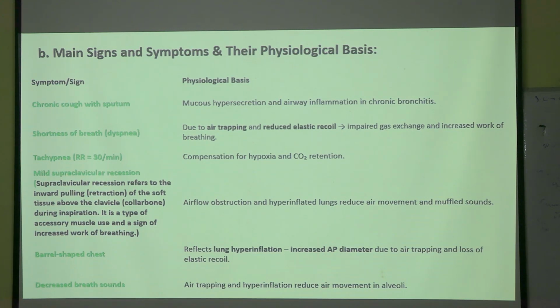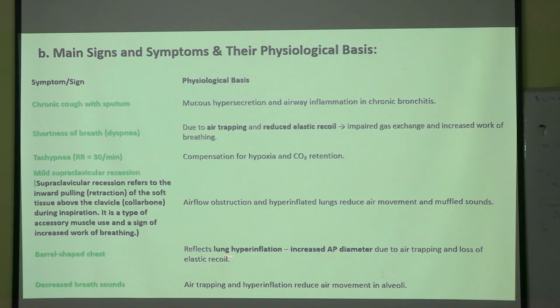Now, if you see the chest shape, it is a barrel shaped chest. So I'll explain what exactly a barrel shaped chest looks like. See, in these particular conditions, the most important change that takes place is hyperinflation of the lungs, right? There is an increase in the volume of the lung due to air trapping.